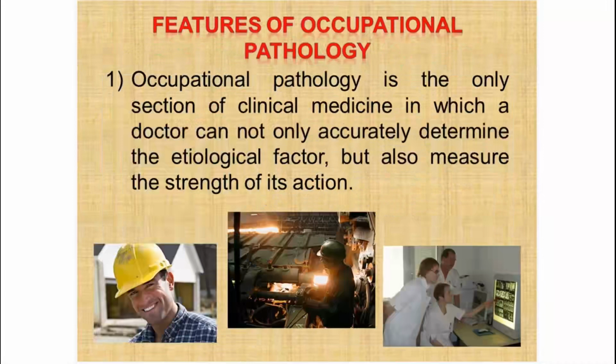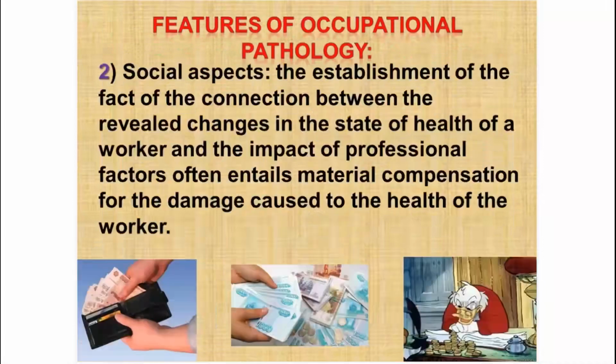Features of occupational pathology. Occupational pathology is the only section of clinical medicine in which a doctor can not only accurately determine the etiological factor, but also measure the strength of its action. Social aspects.